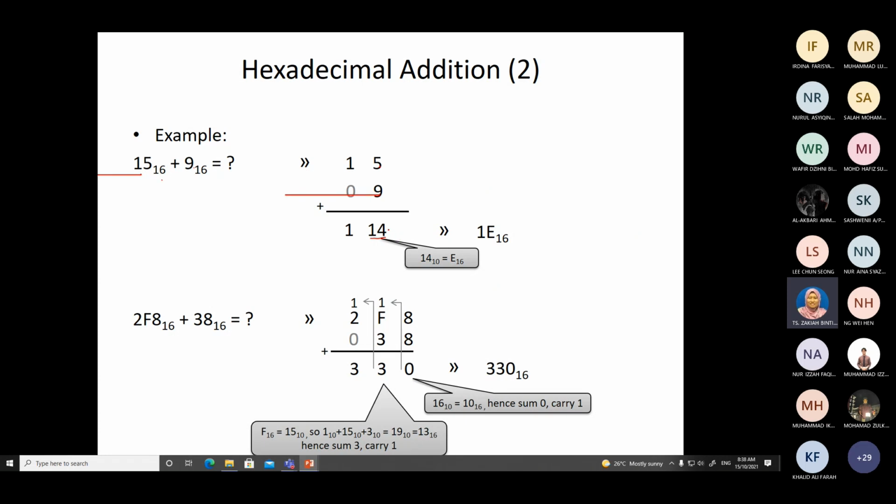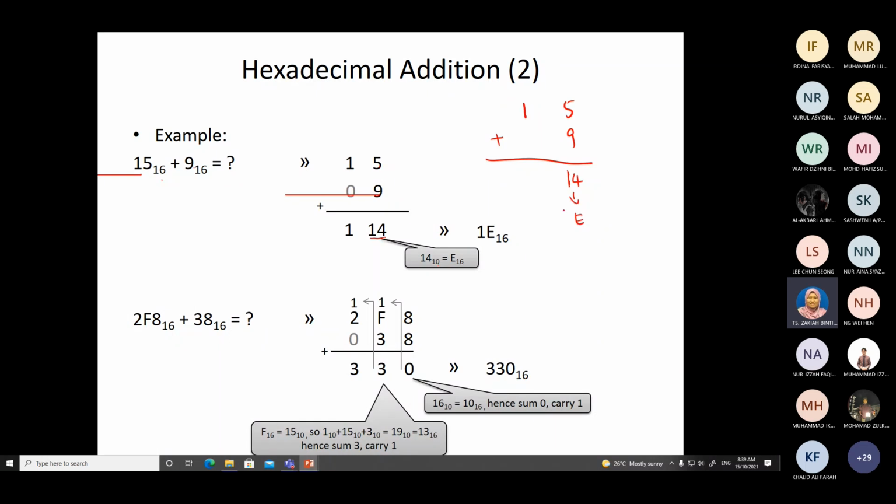This 14 in your mind is a decimal, so you add like a decimal. 5 plus 9 is 14, and 14 in decimal converts to hexadecimal E. You will write it as E. So 5 plus 9 is 14, which is E.